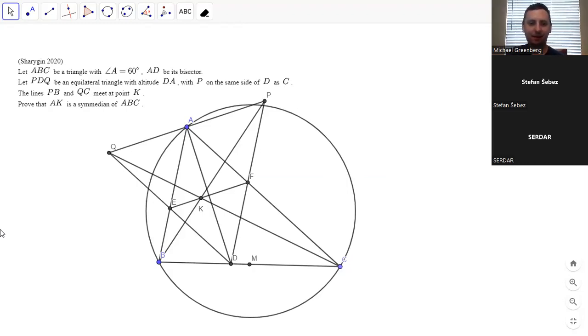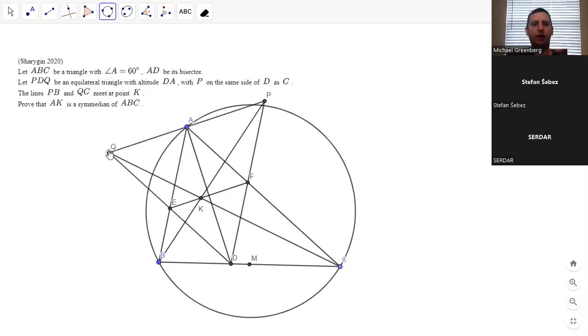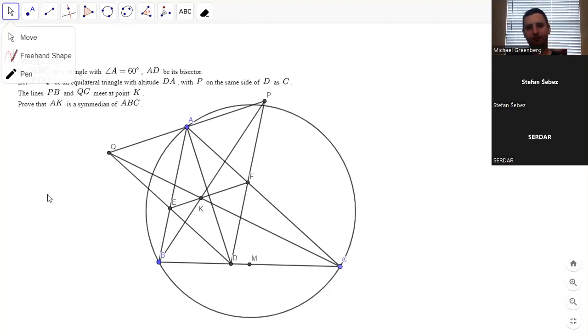It looks like A is the center of cyclic quadrilateral PQEF. Oh yeah, because AQ equals AE equals AF equals AP, so it has to be. Yeah, this whole thing is like four equilateral triangles.